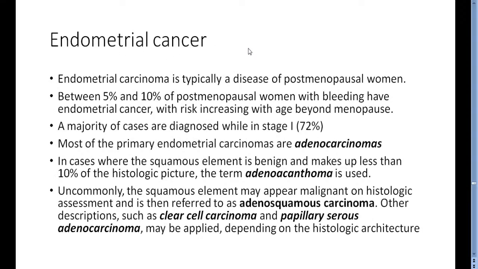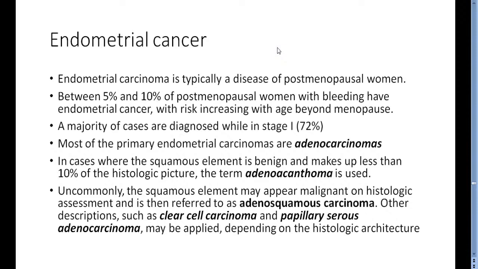But if we speak about endometrial cancer, usually this disease occurs in postmenopausal women, but unfortunately, patients before menopause may also suffer from this disease. Starting from age 40, the risk for endometrial cancer starts to increase. Usually, 5 to 10% of postmenopausal women who have bleeding have endometrial cancer.